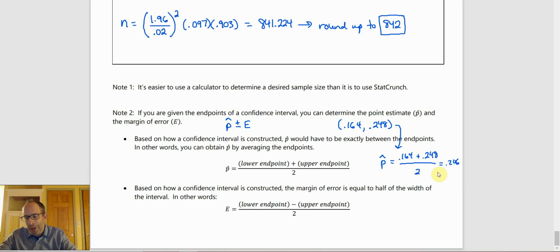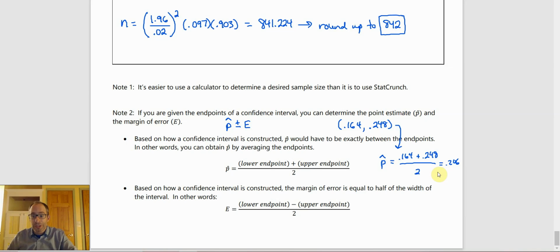0.206. Okay. And then for the margin of error, well, the width of the interval is 2 margins of error, right? Because it would go from p hat minus the margin of error up to p hat plus the margin of error. So it's 2 margins of error wide. You could do it this way as the difference between the endpoints divided by 2. If you already had p hat, you could also say it's the difference between 0.206 and 0.164, or 0.248 and 0.206.